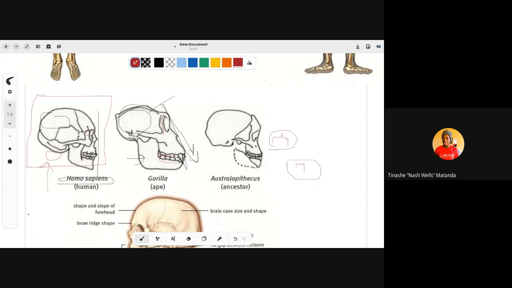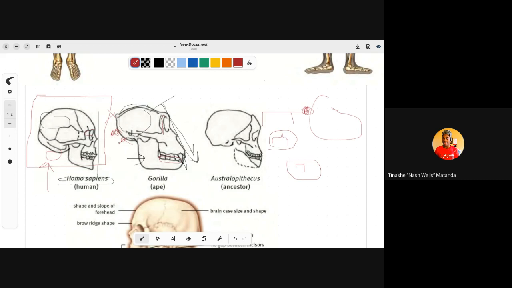So if the foramen magnum is located there, that indicates bipedalism. But if the skull is like this and the foramen magnum is here, then clearly this has to be something like a cow, because it walked on four legs. Now these apes, it's not exactly there like human beings, it's somewhere in the middle.